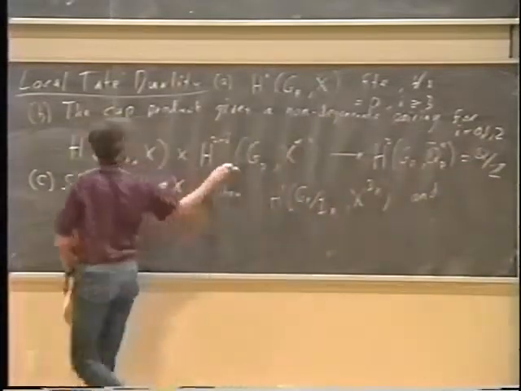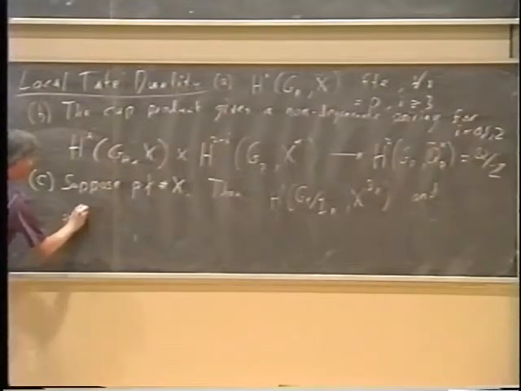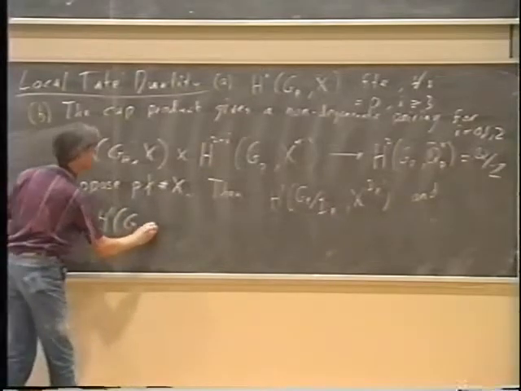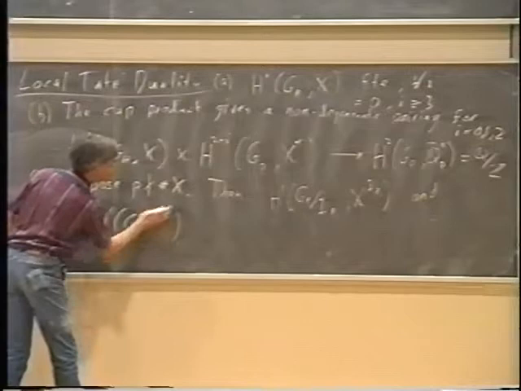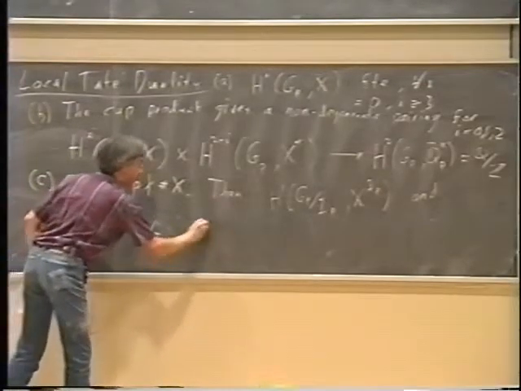And then we have the unramified classes on the other side, H1 of GP mod IP with coefficients in X star.